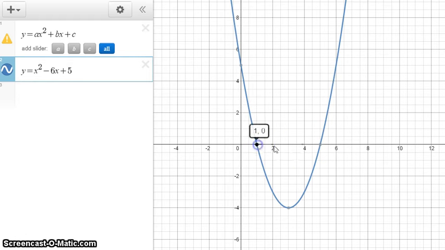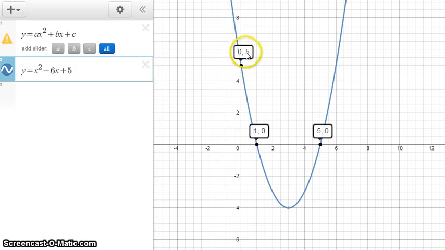Now, if I have my two x-intercepts here, then I should also have a y-intercept, right? A y-intercept where my line cuts the y-axis. In this case, it is (0, 5). Since this y-intercept is where my graph cuts my y-axis, it would make sense to have my x-coordinate as 0.